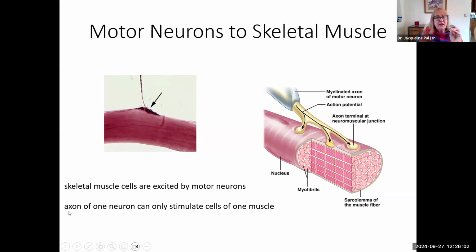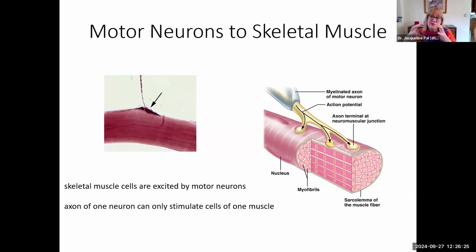What I need you to realize is the axon of one neuron can only stimulate cells of one muscle. So one neuron can only go to one muscle, but it can go to multiple different cells in that one muscle. And I'll be showing pictures of that. But one neuron cannot go to multiple different muscles.